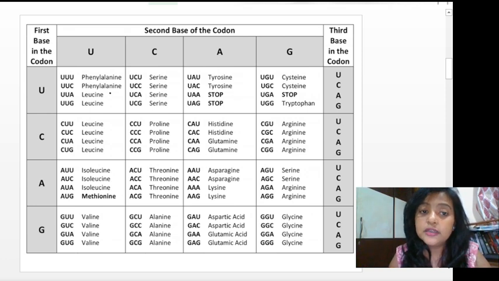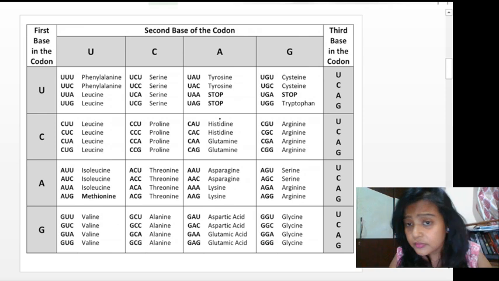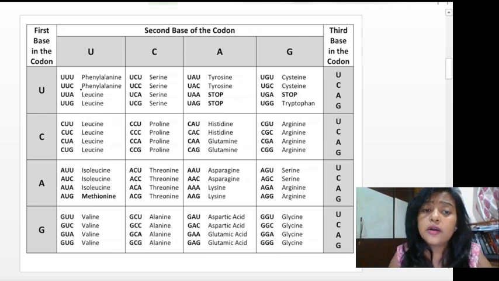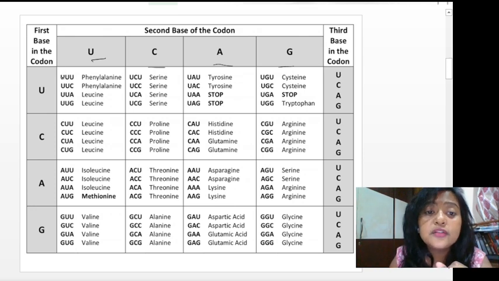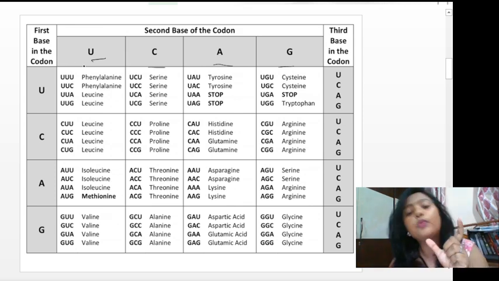In the first row, you can see all the amino acids that have the first letter as U. Then the second base of the codon, again you can see U, C, A, G, and the third base in the codon is U, C, A, G. Let's take it one at a time.